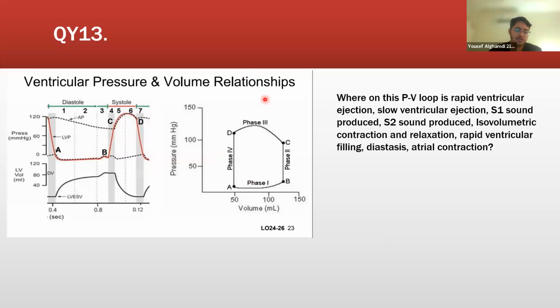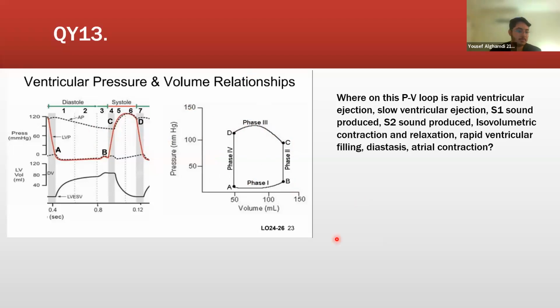But here it would be easier. Look here and then correlate to here. If I give you options A, B, C, D, where would you put rapid ventricular ejection? It would be at C. Yes, at the beginning of the ejection phase, right? It's more rapid, and then it slows down, becomes slow ventricular ejection, which is at D.